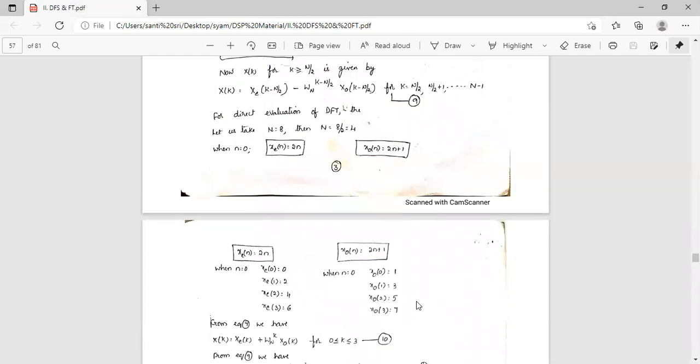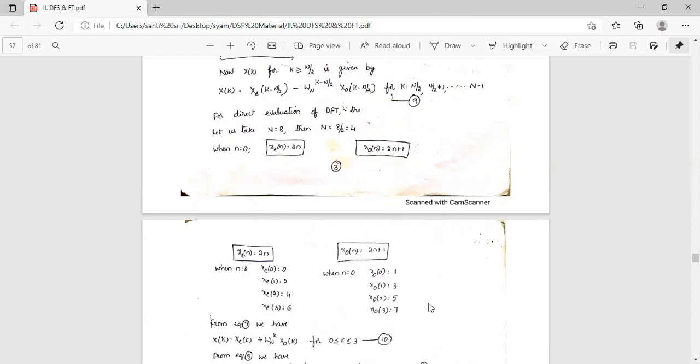This is for even index values, and this is for odd index values. So x_e of 0 is x of 0, x_e of 1 is x of 2, x_e of 2 is x of 4, x_e of 3 is x of 6. Similarly, x_o of 0 equal to x of 1, x_o of 1 is x of 3, x_o of 2 is x of 5, x_o of 3 is x of 7.